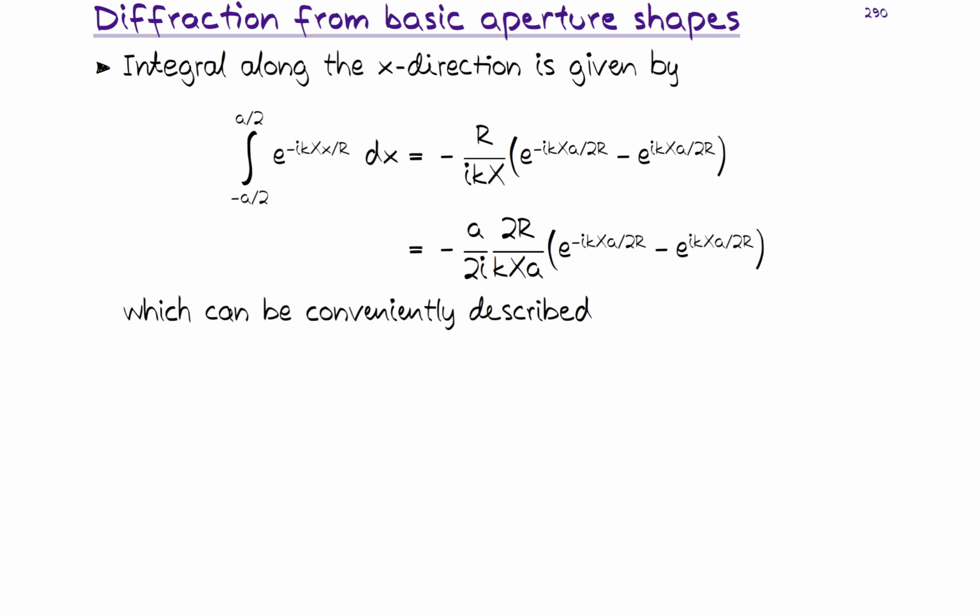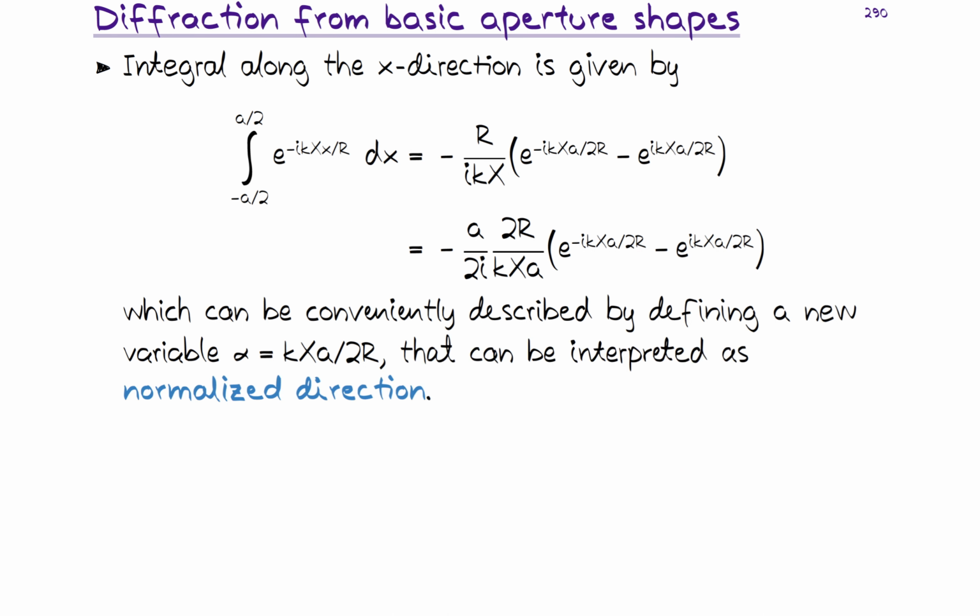So we can really easily and nicely describe this result by just defining a new variable. We can define a variable alpha to be kxa divided by 2r. And now we can interpret this as a normalized direction. So basically that would give us some understanding that different directions are being associated with the diffracted light.